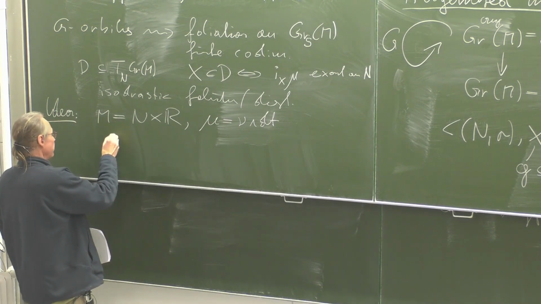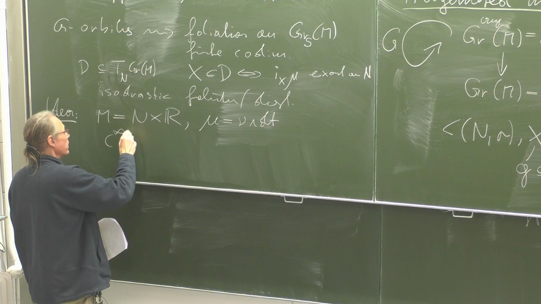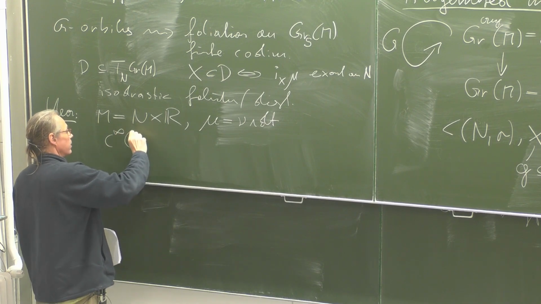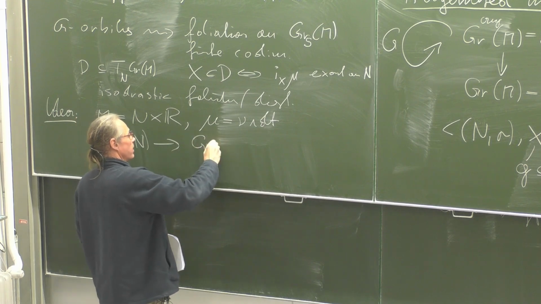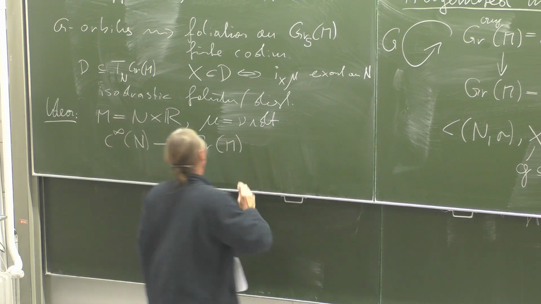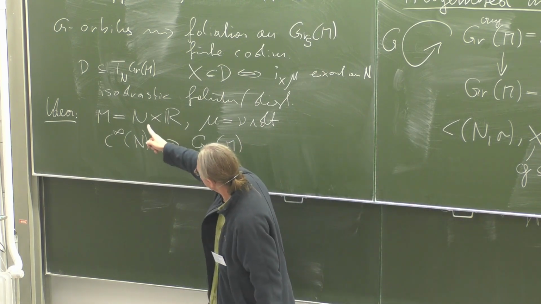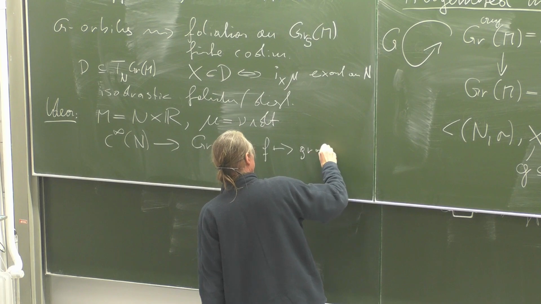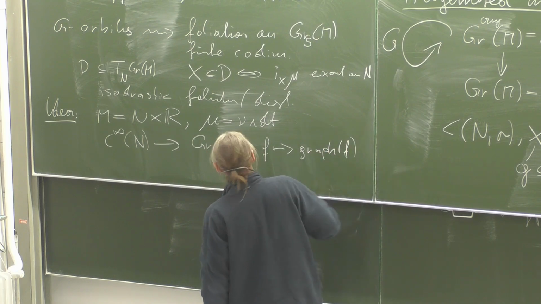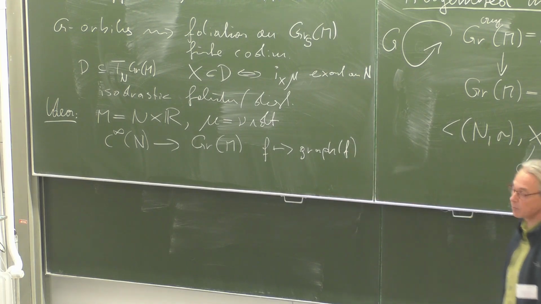Then we can look at the chart: functions on N, and we go to the Grassmannian. The standard chart for the Grassmannian is by taking a function here and looking at its graph. This gives a submanifold in M, and this is a standard chart for the smooth structure on the Grassmannian.